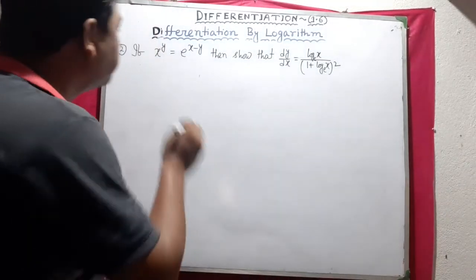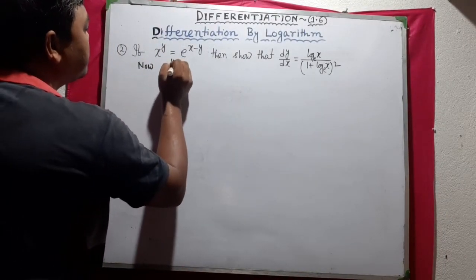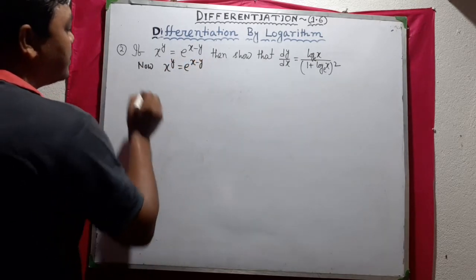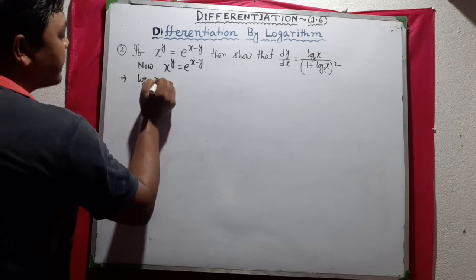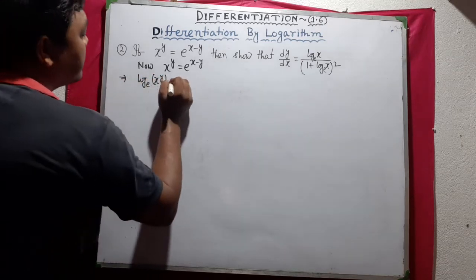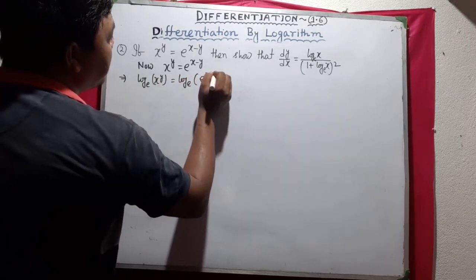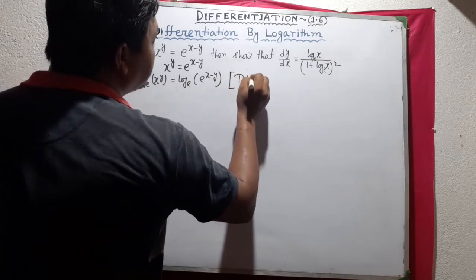So now x to the power y equals e to the power x minus y. Taking logarithm both sides, log base e of x to the power y equals log base e of e to the power x minus y.